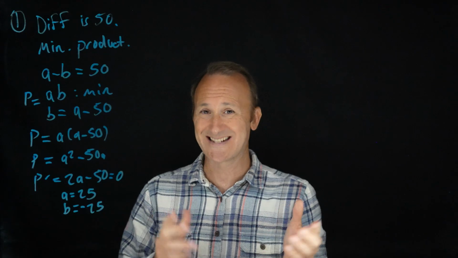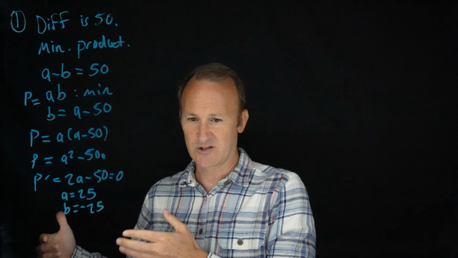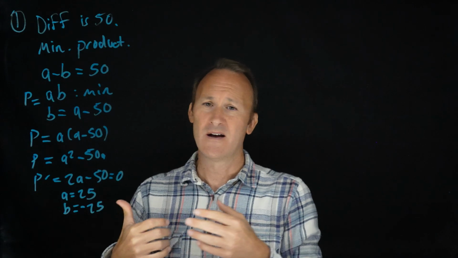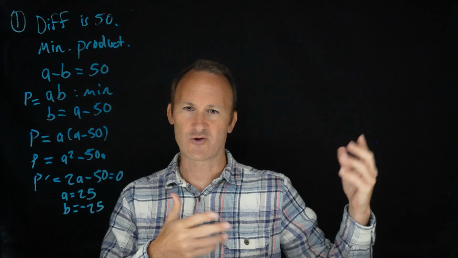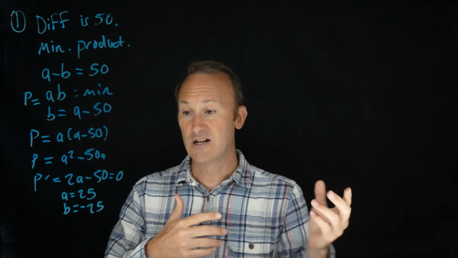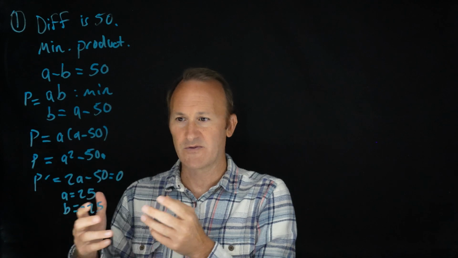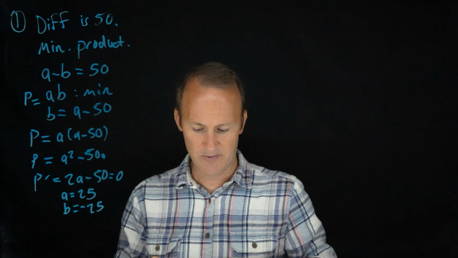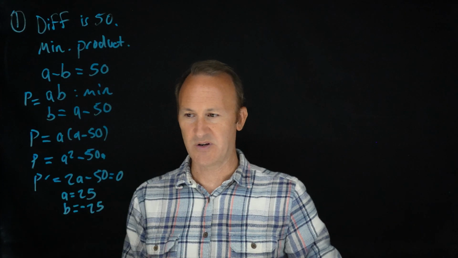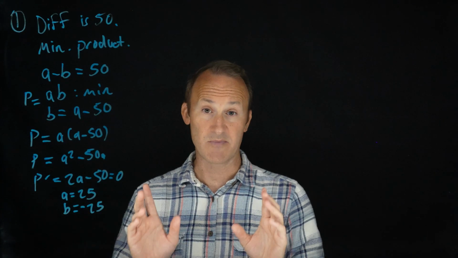So one's positive, one's negative. That allows for the smallest possible product. There is no maximum because you could have larger and larger numbers whose difference is 50. But if they're both very negative, it's also going to be a big product. So this does appear to be the correct answer, and it does appear to make sense.